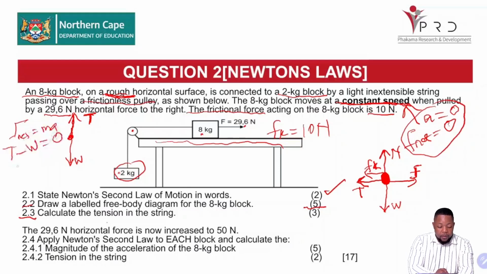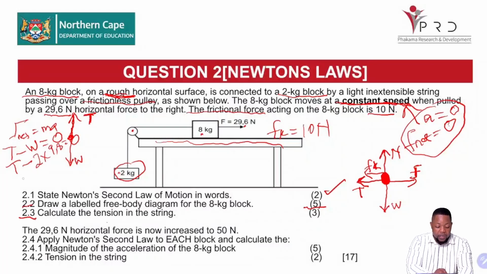And then we can say the tension minus the body here has a mass of 2 multiplied by 9,8 is equal to 0. Then we will see that we can get the tension here, the tension being 19,6 newtons. So we are able to calculate the tension of 19,6 newtons very easily.